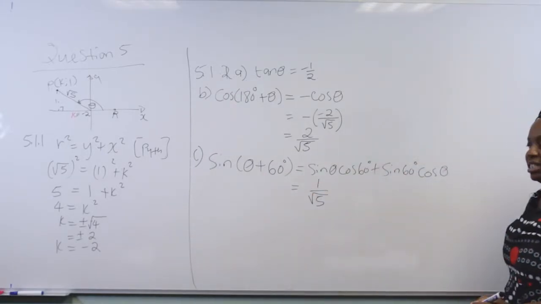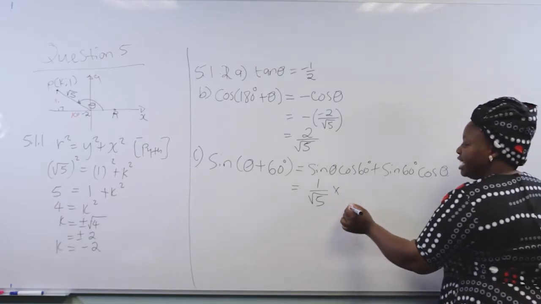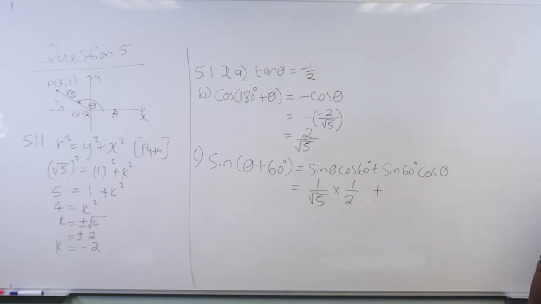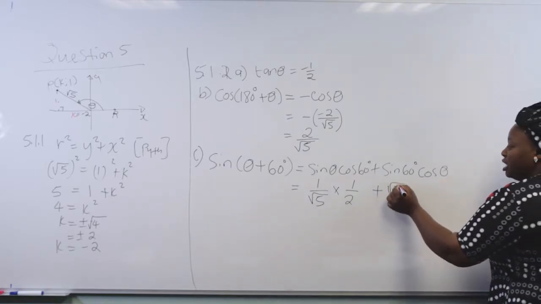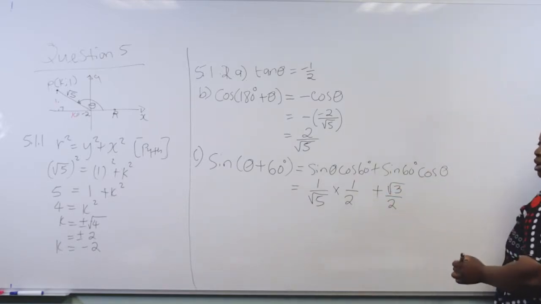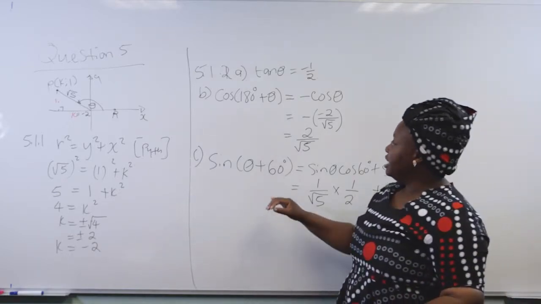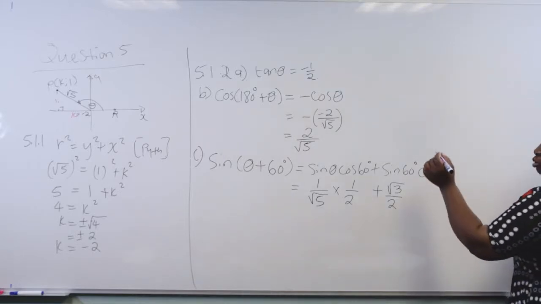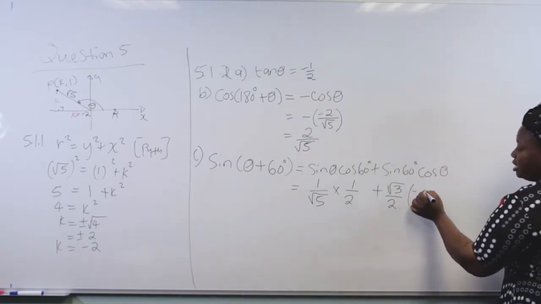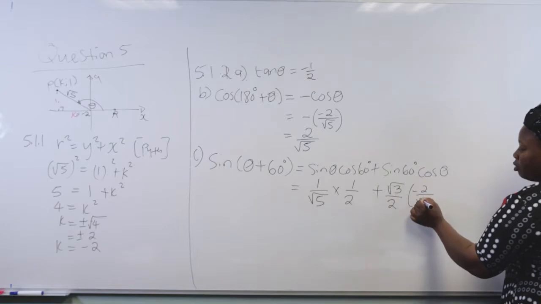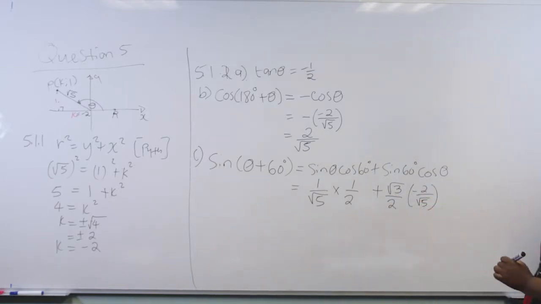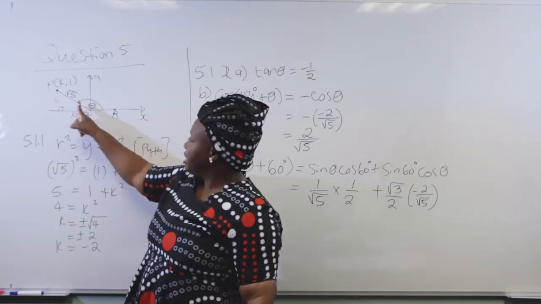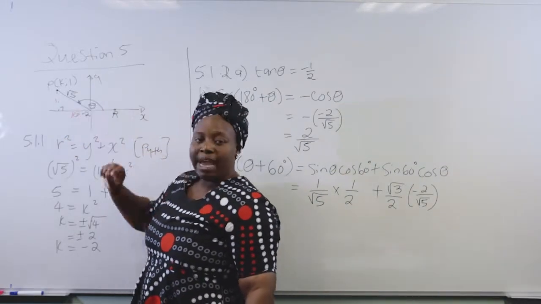What is cos 60? Cos 60 from the special angles is 1 divided by 2. And sine 60 from the special angles is root 3 over 2. While cos theta, we know that it is going to be -2 over root 5, because cos theta, we just found it, is adjacent over hypotenuse.